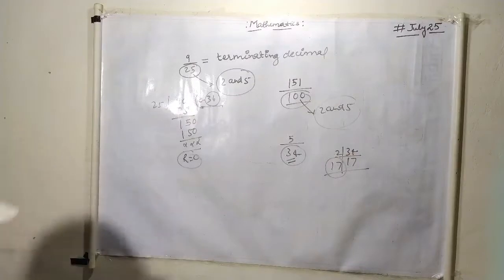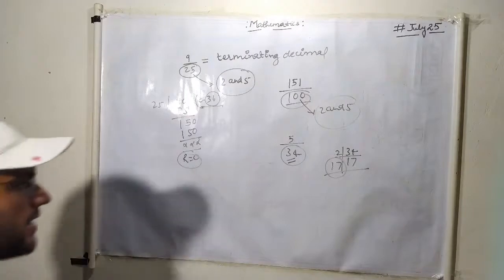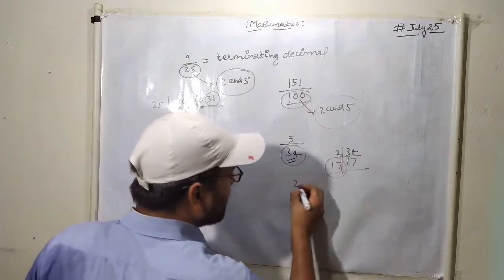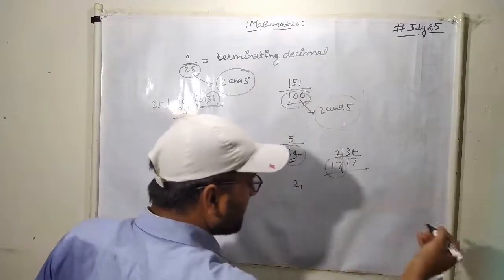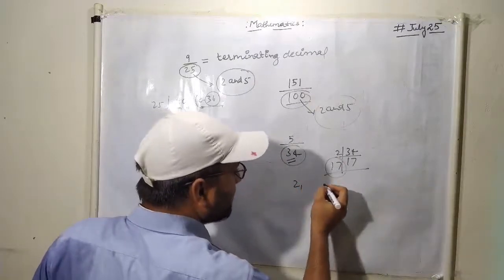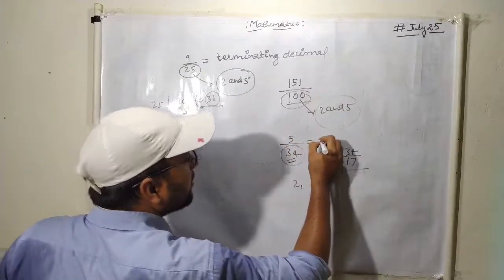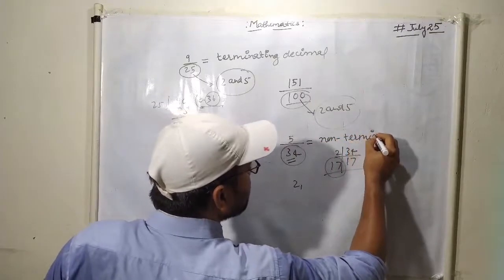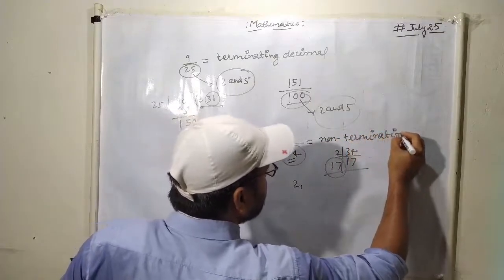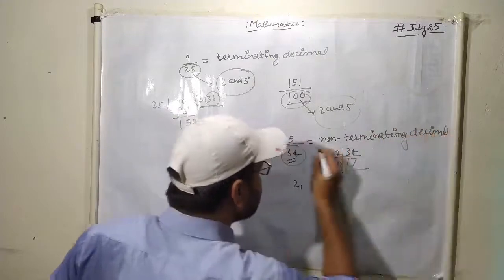So students, if the denominator of a fraction has any prime factor other than 2 or 5, meaning 3, 4, 6, 7, 8, other than 2 or 5, then the given fraction is a non-terminating decimal.